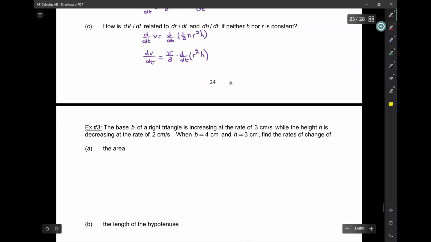So now dV/dt is going to be pi over 3 times the first one, r squared, times the derivative of the second, plus the derivative of the first, 2r dr/dt, times the second. Okay?